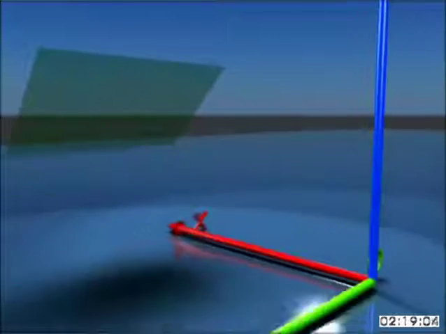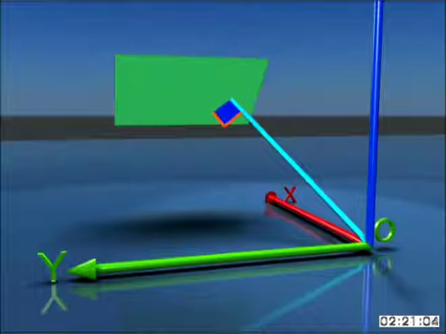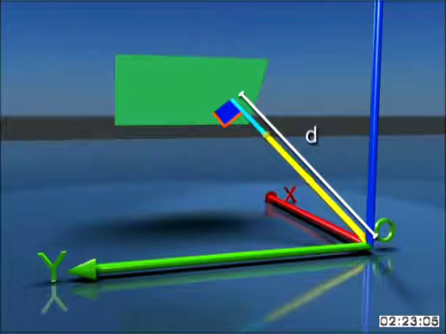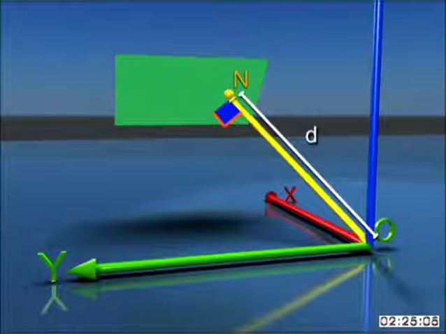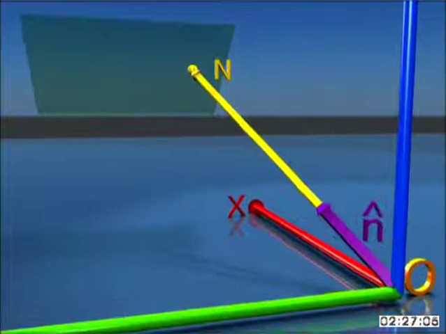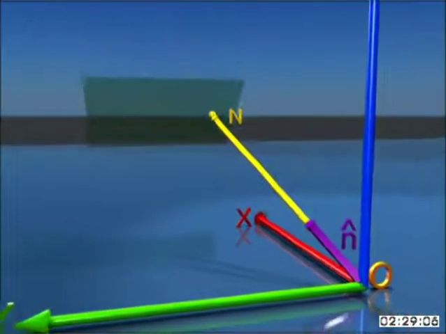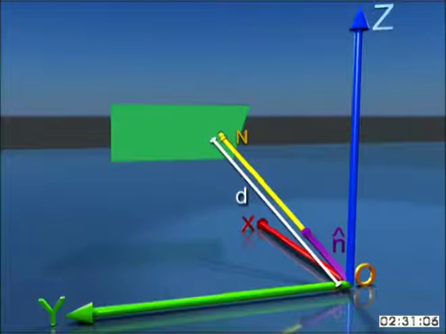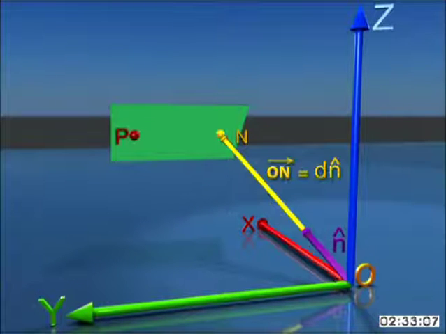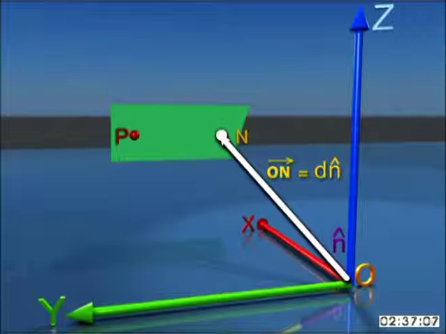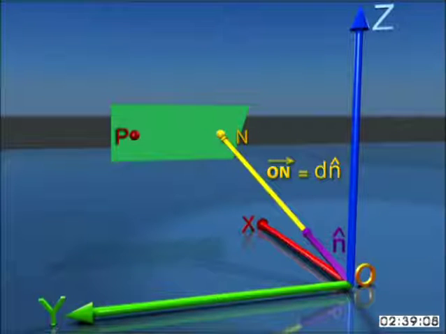Equation of plane in normal form. If vector ON is the normal from the origin to the plane and n cap is the unit vector along vector ON, point P whose coordinates are x, y and z be any point on the plane and vector NP is perpendicular to vector ON.